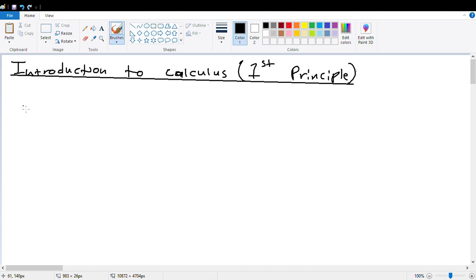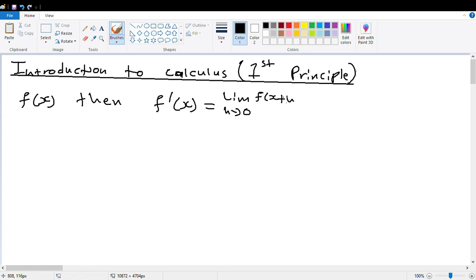By first principle we have, if you have f of x, then f prime x is equal to the limit as h approaches 0 of f of x plus h minus f of x, all divided by h.